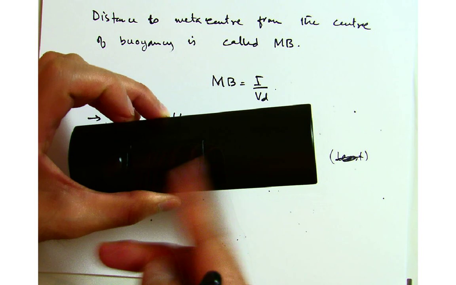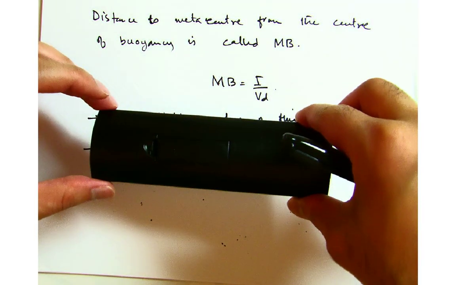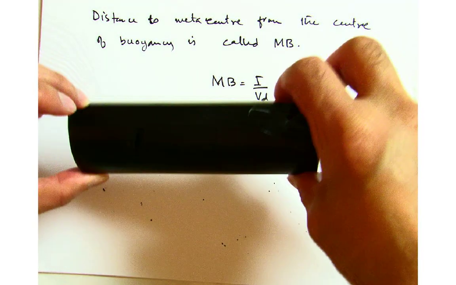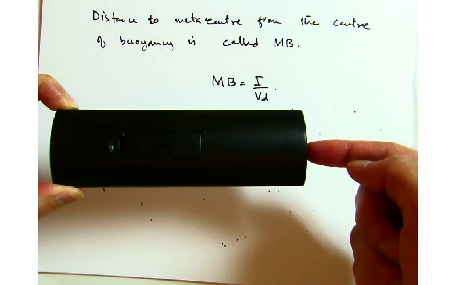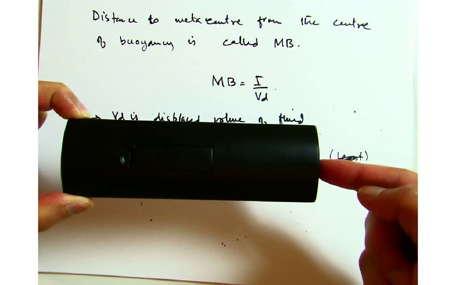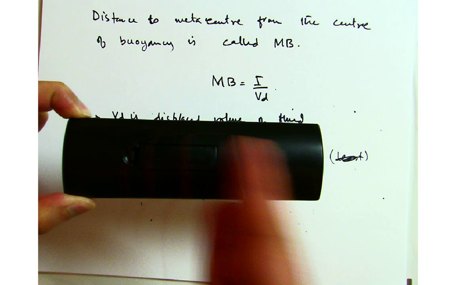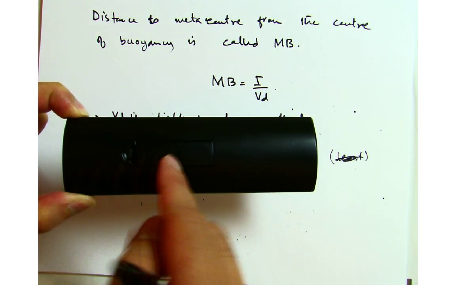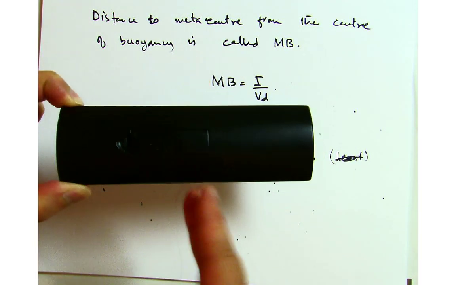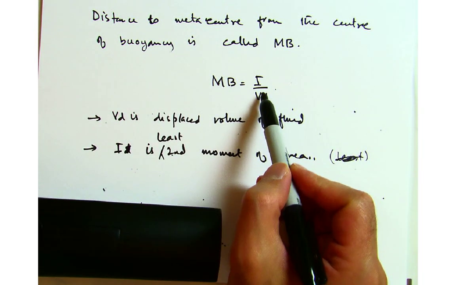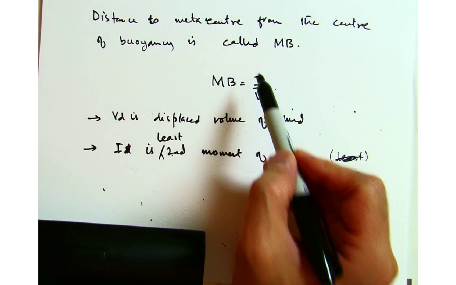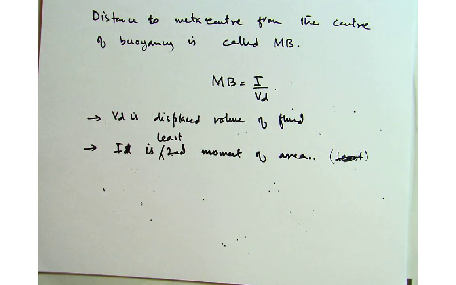And what we know from experience is that ships tend to tilt with respect to this axis. So this axis will actually give you the least second moment of area, and I will do an example where you can see that the other axis will have a higher second moment of area. So in this relationship, to find MB, we have to use the least second moment of area.